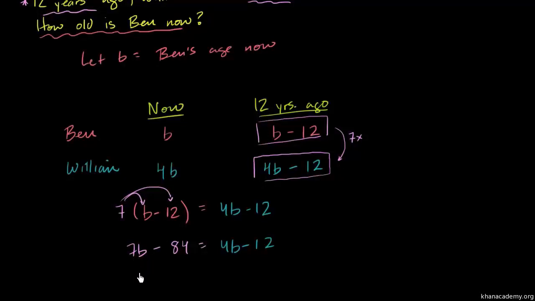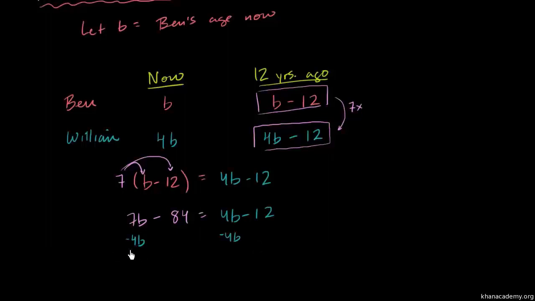Now, what can we do to solve this? Well, we can subtract 4b from both sides. That goes away on the right-hand side, and I have a negative 12. On the left-hand side, I'm left with 7b minus 4b, which is 3b, and then I still have a minus 84.